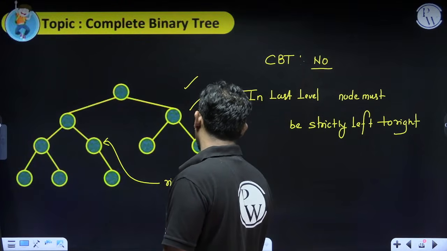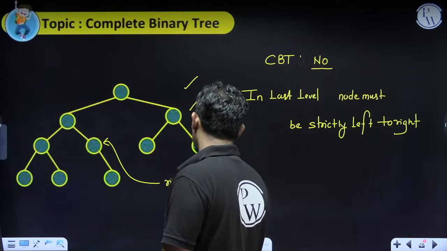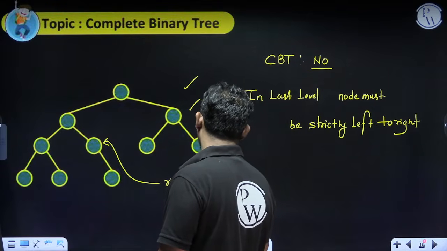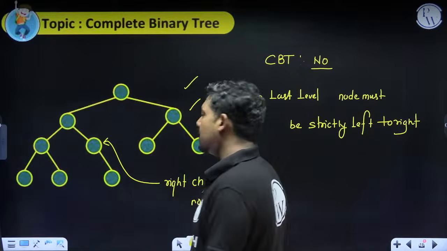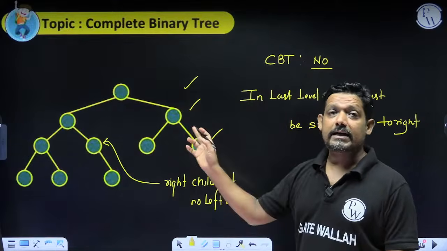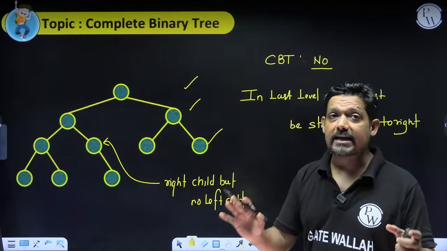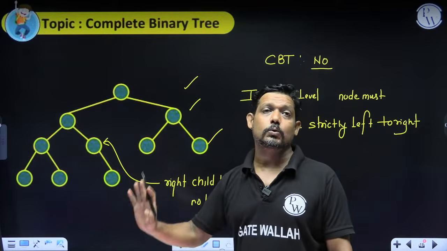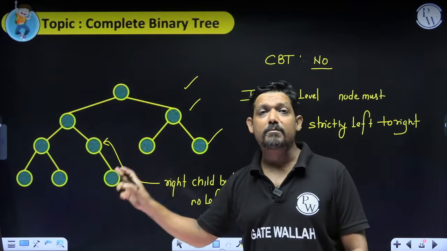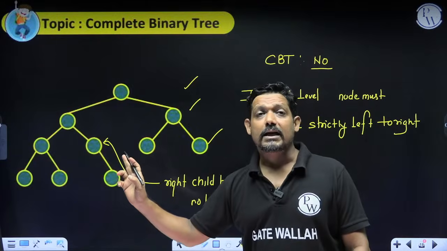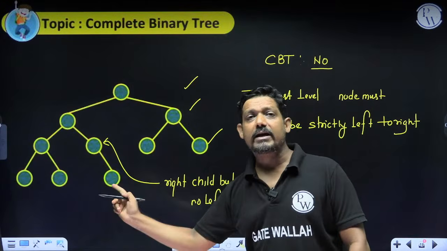It has a right child, but it is not having a left, and the rule says strictly left to right. So this is missing a left child and having a right child.